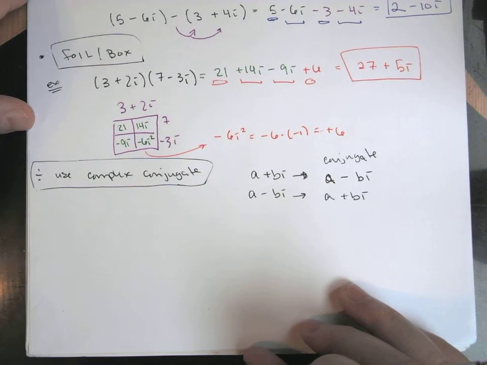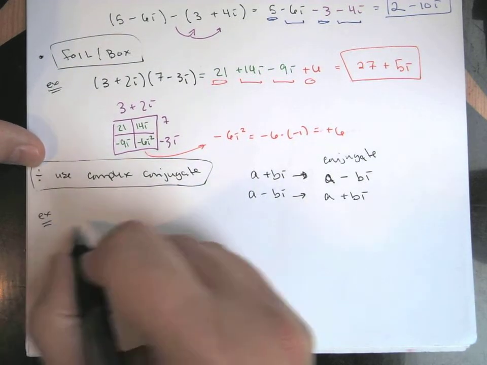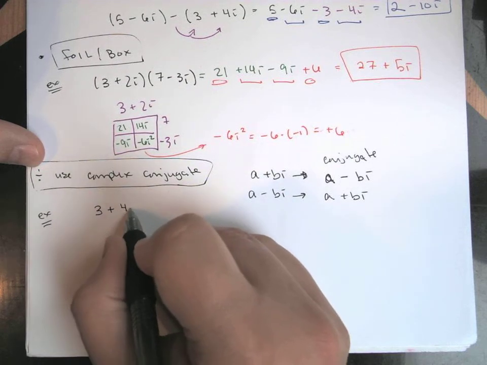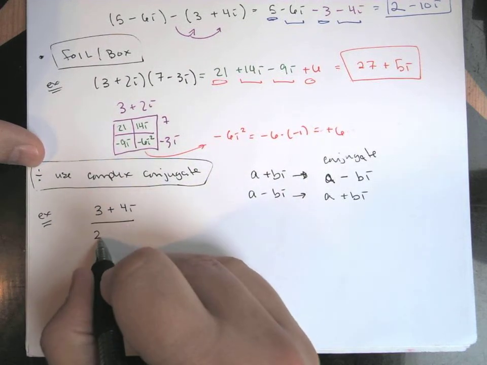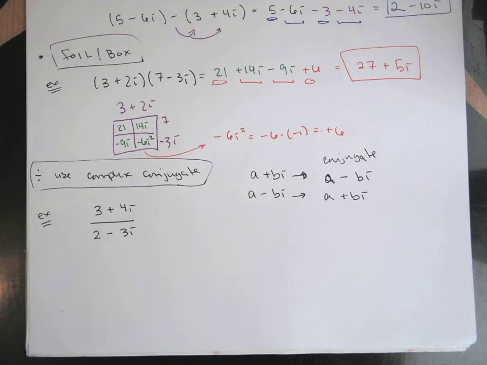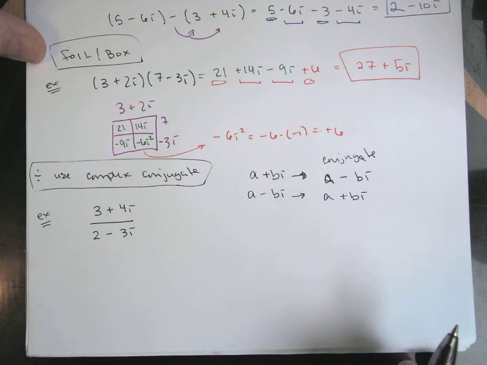and vice versa. So division is going to look like, well, let's do 3 plus 4i over 2 minus 3i, something like this. So the idea is we can't necessarily just divide 3 by 2 and 4 by 3. It's not going to work that way.